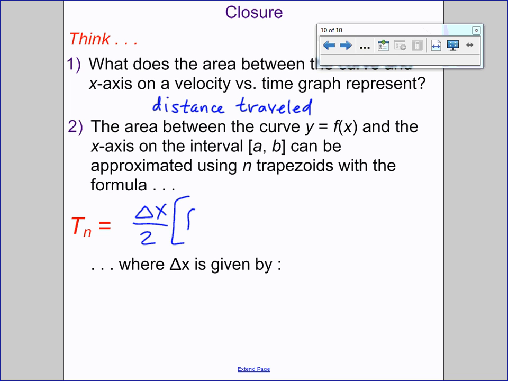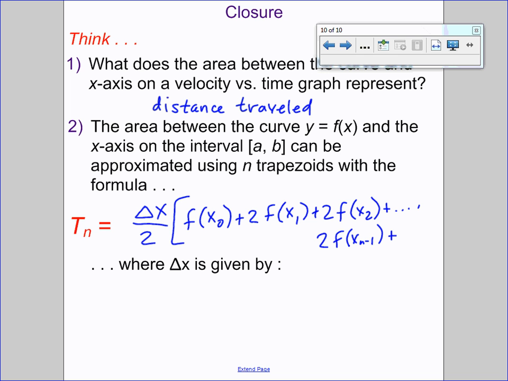I'll call that f of x sub 0, my leftmost function value, and we'll grab 2 of our next function value, and 2 of our next function value, and 2 of, up until 2 of our next to last, and then finally a single of our final function. We'll call it f of x sub n for our final right side. So we've got a single on each end, our bookends, and then we've got double all of ours in between.